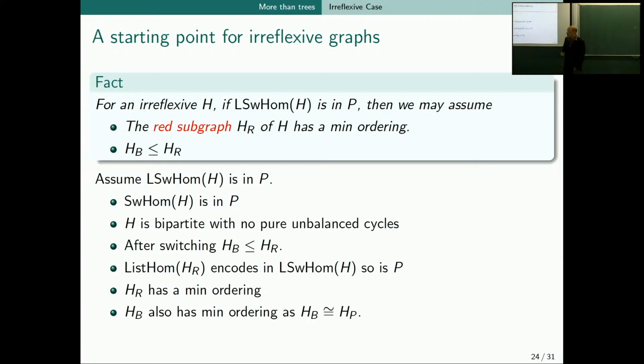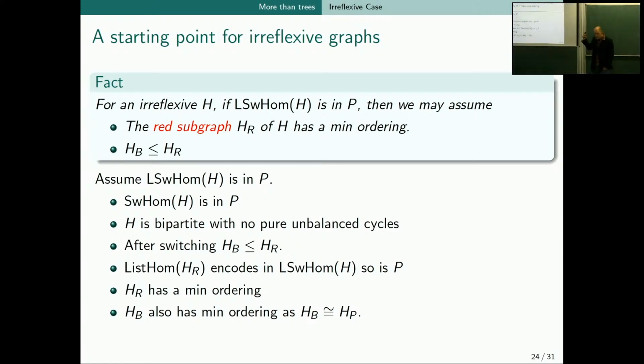So we observe we can do that, and that we can switch the graph to be only red and purple, so there are no purely blue edges. The idea of why we can do that is just using a lot of old results, putting them together to make this statement.